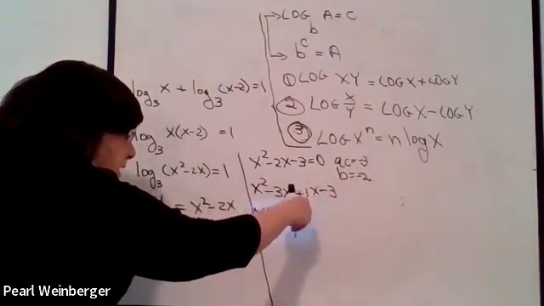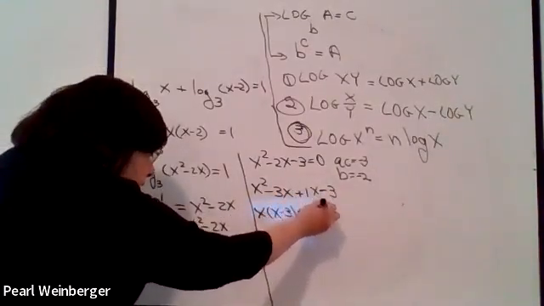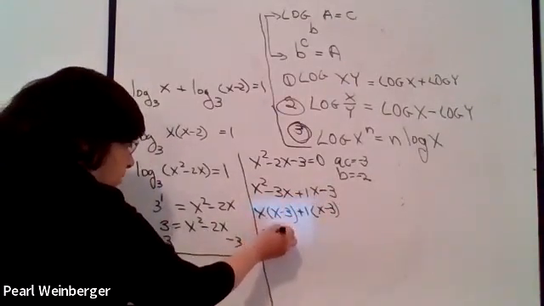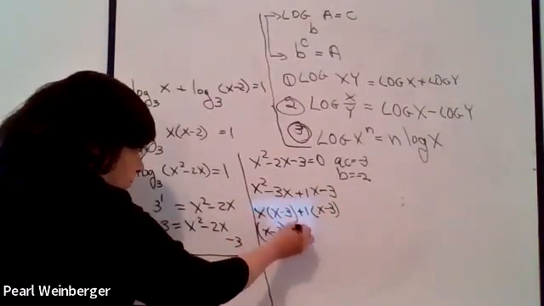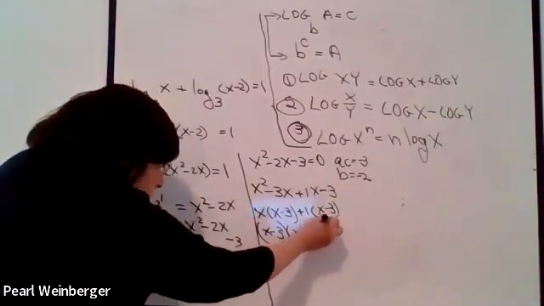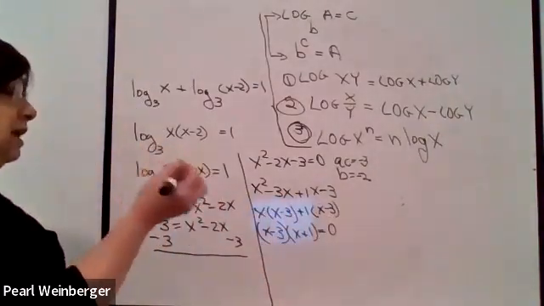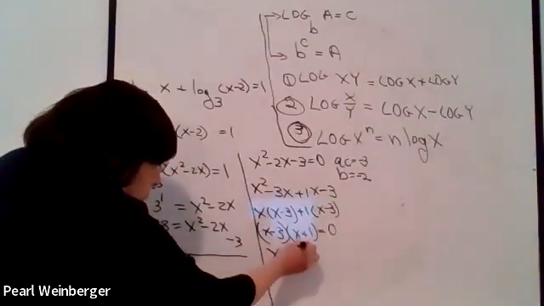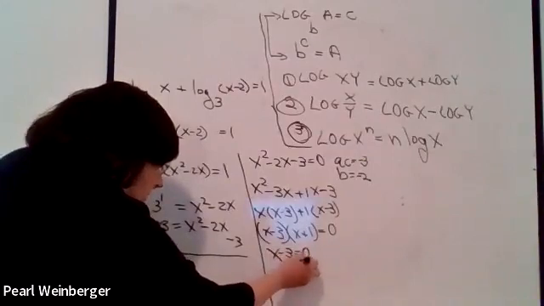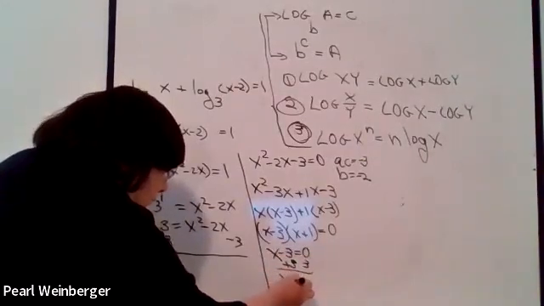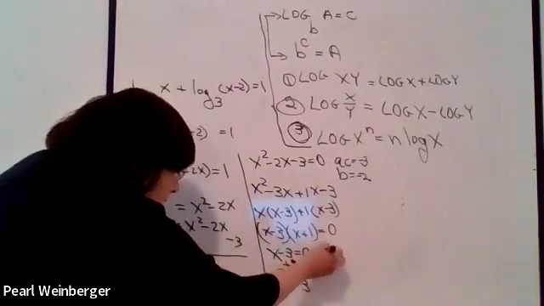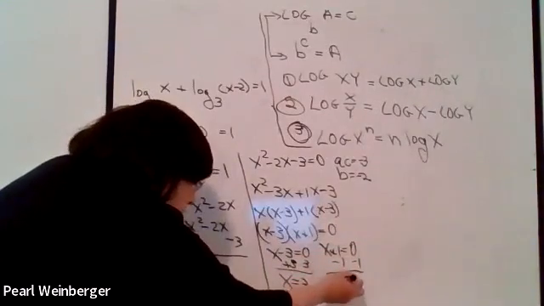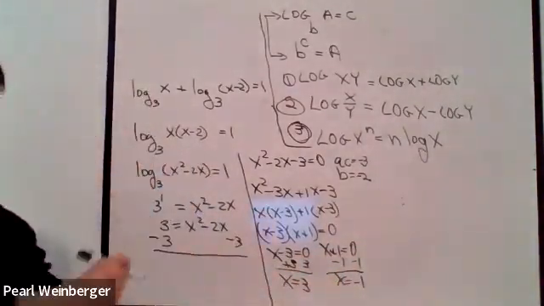Over here, there's no common factor, so I'm just going to do plus 1 times x minus 3, which gives me, of course, x minus 3 in one parentheses, and in my other parentheses, I'm getting x plus 1. And now I set each of these equal to 0. So x minus 3 equals 0. Bringing the 3 to the other side gives me one answer being x equals 3. And x plus 1 equaling 0 gives me another answer, which is x equals negative 1.